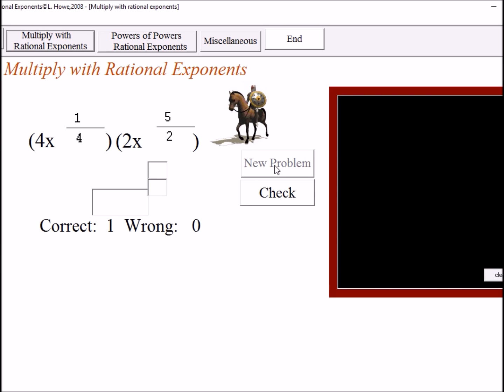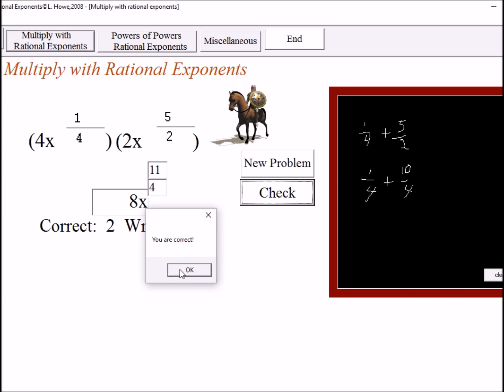New problem. Oh, almost the same. This one's going to be 8 again for the kindergarten numbers, and I'm going to have to add 1/4 and 5/2. Can't add them unless we get a common denominator, which is 4, so 1/4 plus 10/4. Looks like it's 11/4 power. Hope you get the idea.